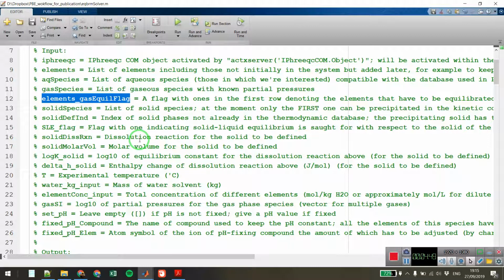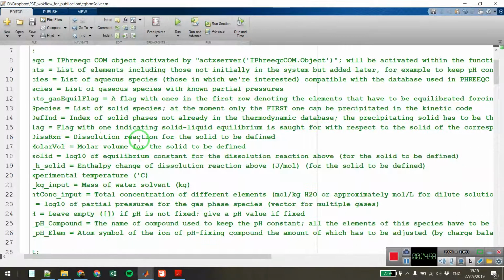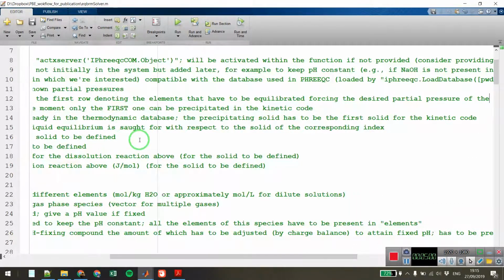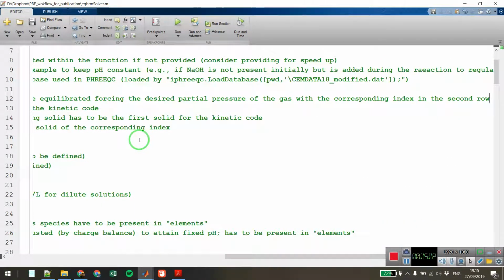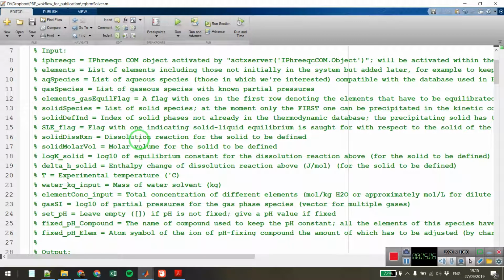flag matrix, where the first row denotes the elements whose amount has to be calculated by enforcing a gas-liquid equilibrium. The gaseous species that has to be used for this purpose, the index of that gas, is written in the second row of the matrix.